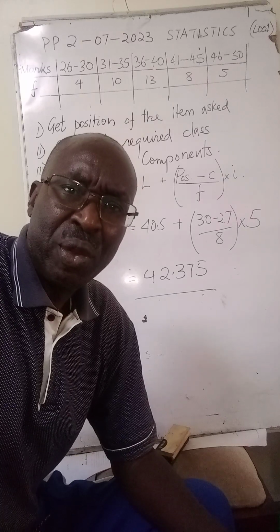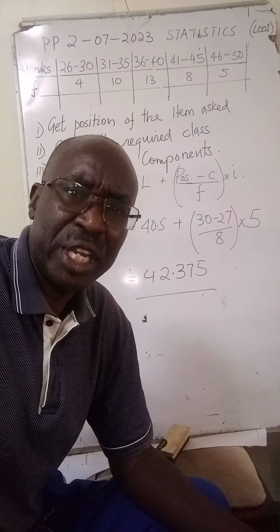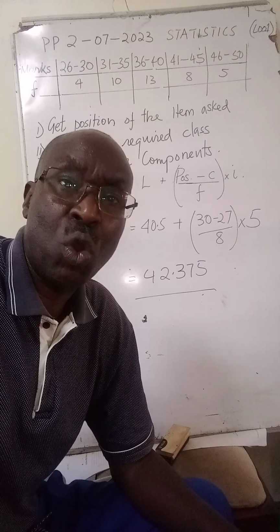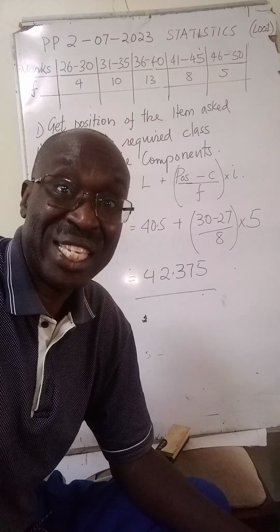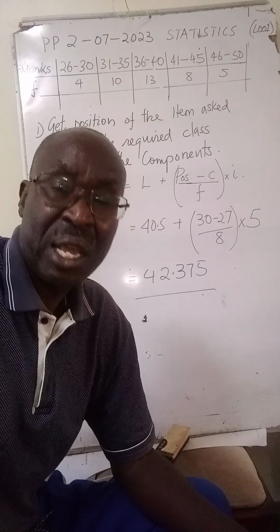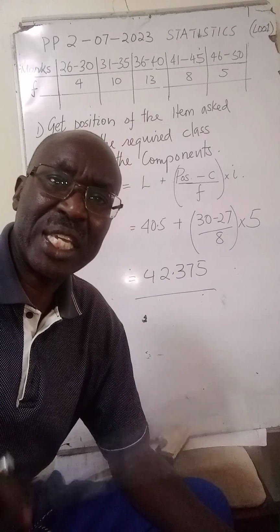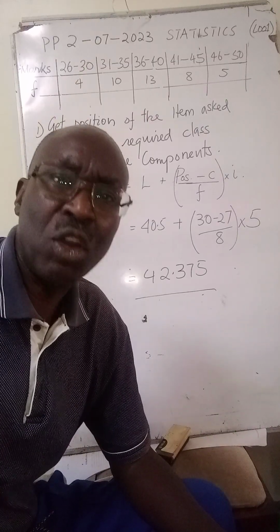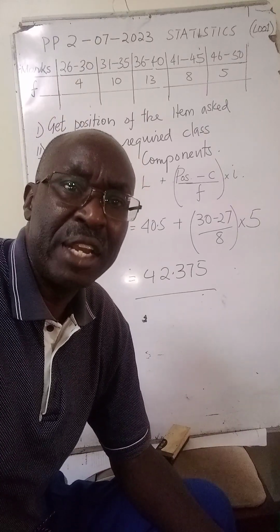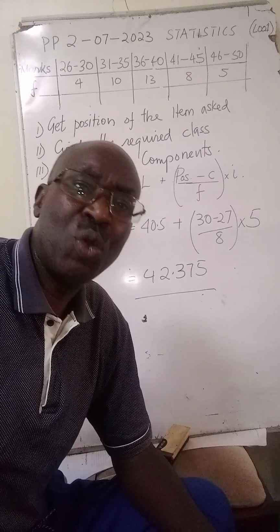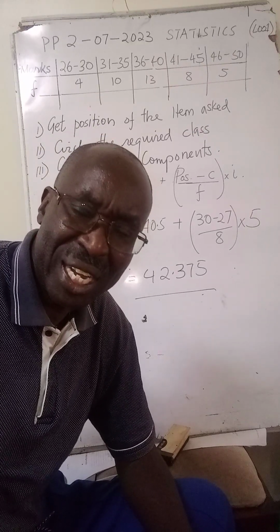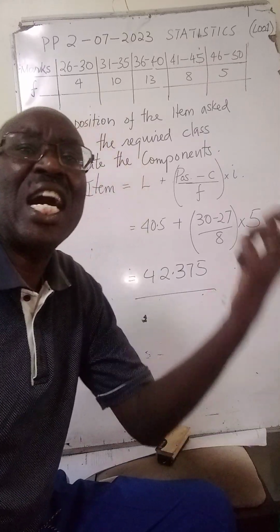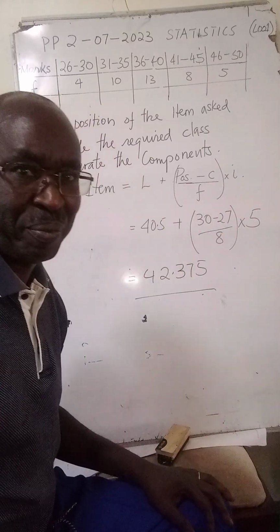Now, in Form 4, in Statistics 2, you will also learn quartiles and percentiles. But quartiles and percentiles borrow a lot from the basics of median. In fact, once you are through with median, the quartiles and percentiles just fit in.